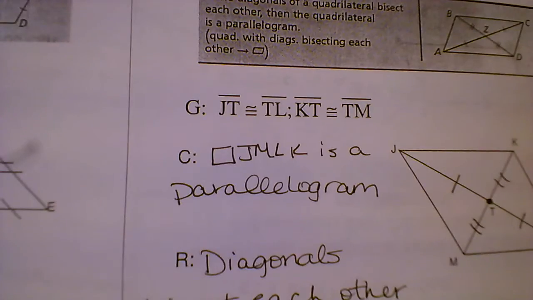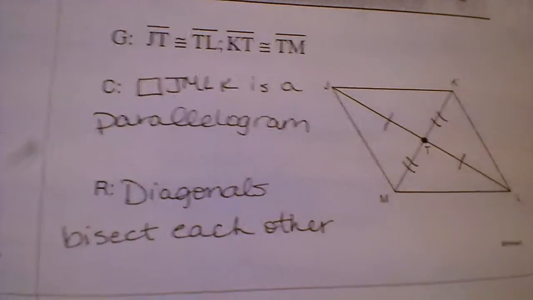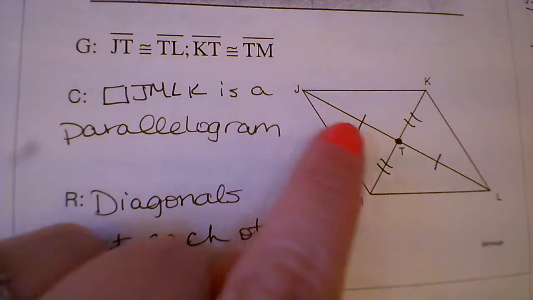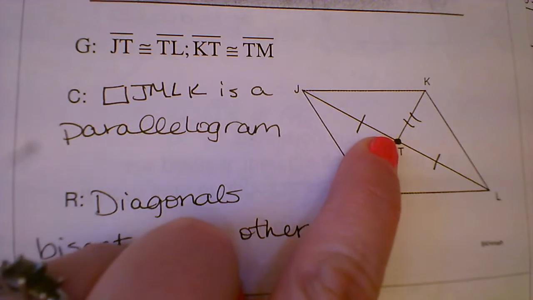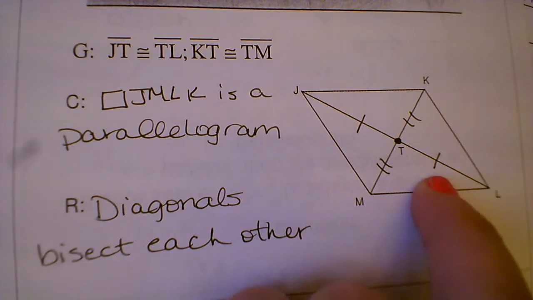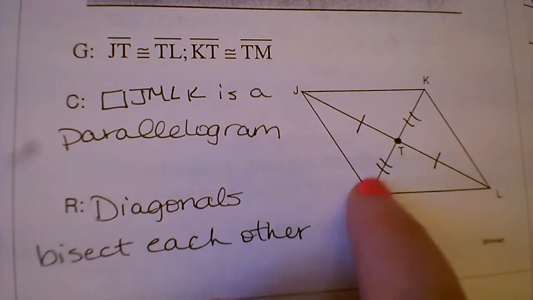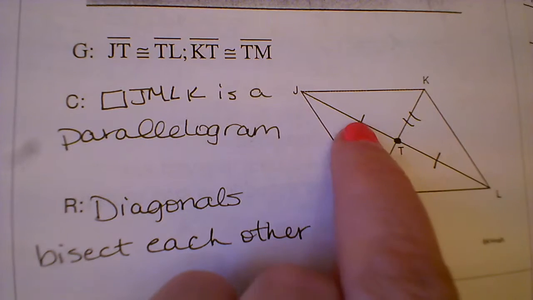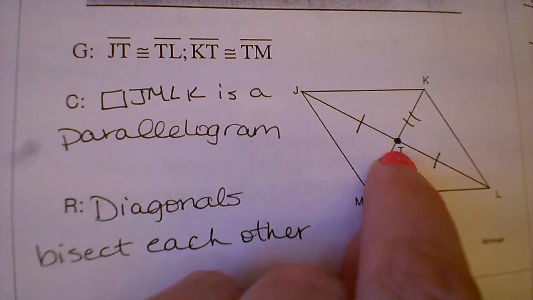Okay, next, we know some pieces of the parallelogram are congruent. We know that JT, which is part of that diagonal, is congruent to TL, and then KT and TM are congruent. Okay, so since we know that these pieces are congruent, that must mean that T is halfway along that diagonal, which means it's the midpoint.